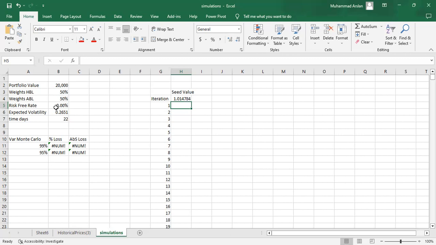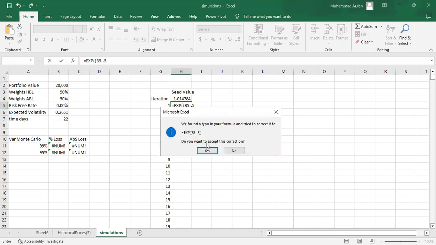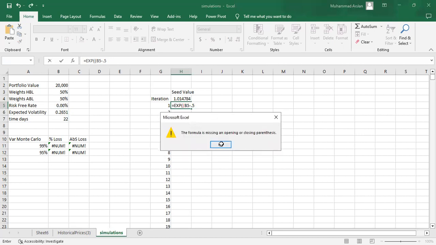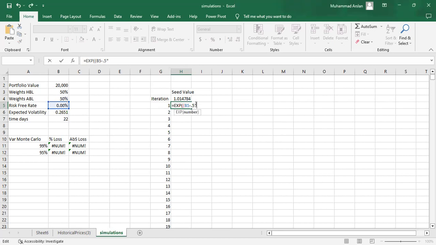For that purpose, we are going to use a formula starting with S equals exponential, using the exponential number. Then we use the risk-free rate minus 0.5, and then multiply with the variance.